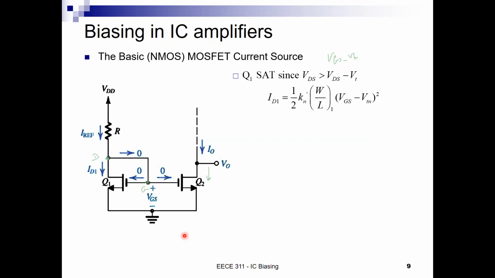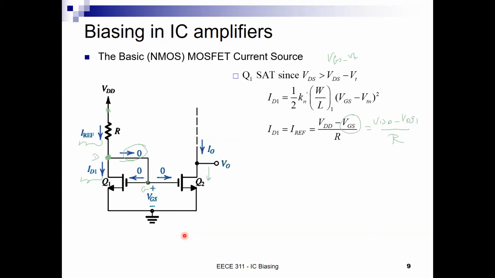But by solving KCL at D, what do I know? That ID1 current is equal to IREF, right? Because the current that is flowing in this branch is really 0. So ID1 is equal to IREF, and it is equal to VDD minus VD, which is equal to VDD minus VDS1 over R, but we already know that VDS1 is nothing but VGS, okay?